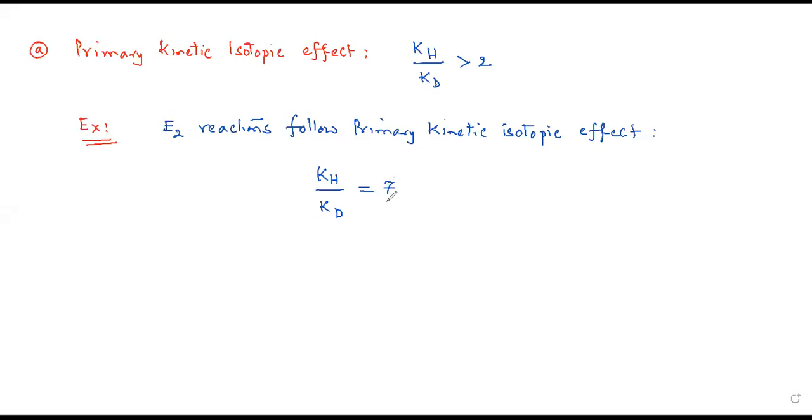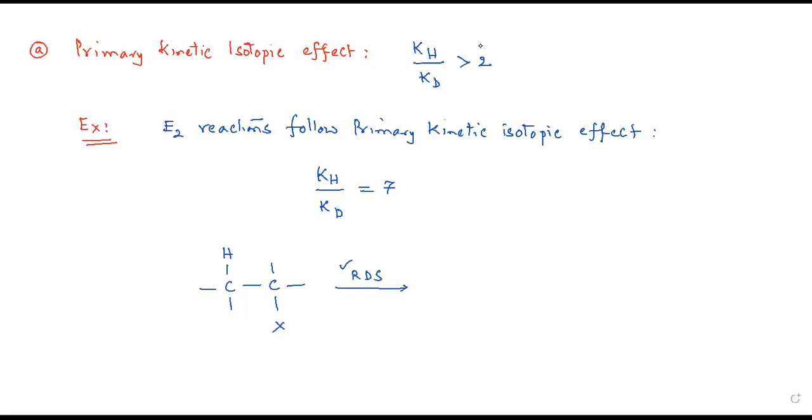See the difference. But what is primary kinetic isotopic effect? See, if the carbon hydrogen bond or the carbon deuterium bond undergoes cleavage in the rate determining step, then that is said to be following primary kinetic isotopic effect.